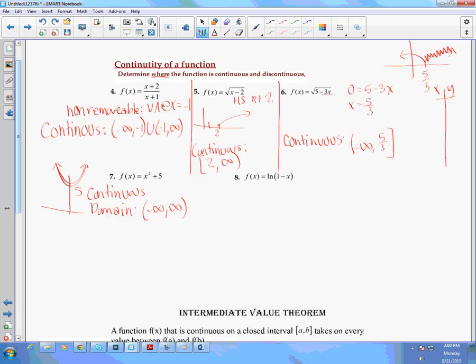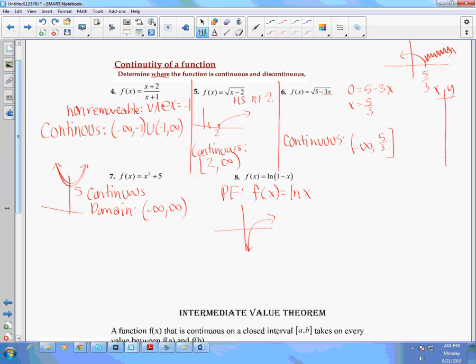Okay, number 8 though. What's the parent function of number 8? Natural log of x. What does the natural log function look like? Now, we have some shifting.